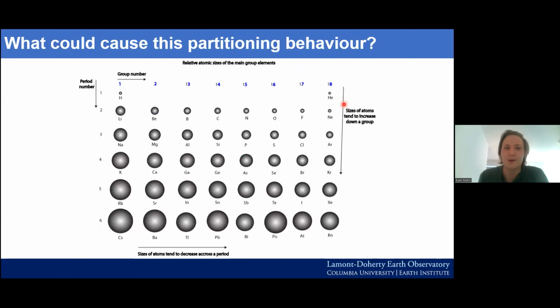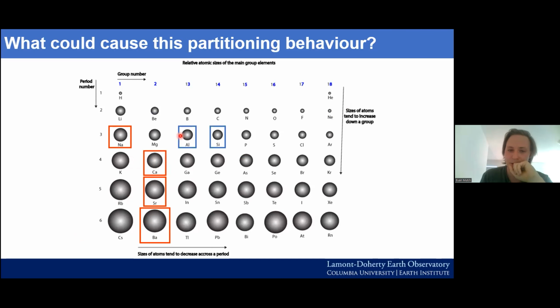If we're considering partitioning, then obviously we need to consider atomic or cation radius. We first consider strontium and barium. These are considerably bigger than, or closer in size to, cations associated with the M site, such as calcium and sodium. We also have things sat in the tetrahedral sites, so aluminium and silica, which have a much smaller cation radius.